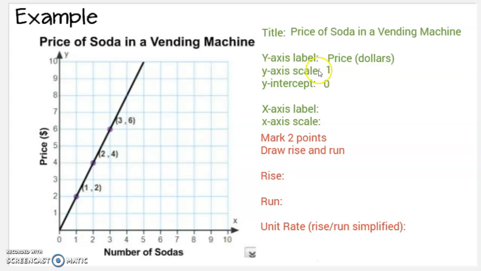We're going to do the same process of labeling and finding the scale, but now for our x-axis. Our x-axis is the flat horizontal one. The name of that one is number of sodas. So we're going to go fill that in.